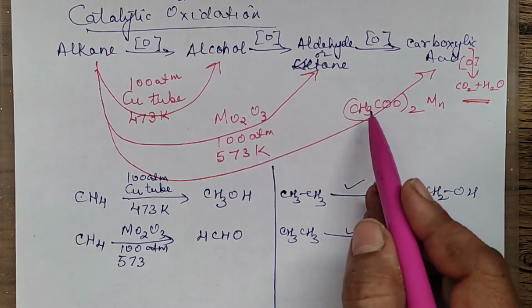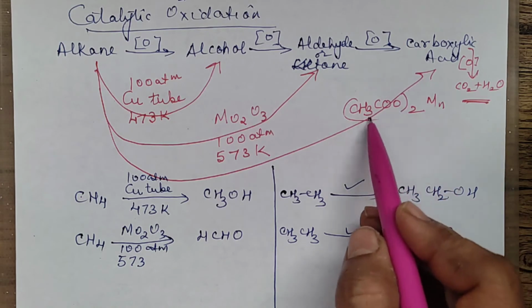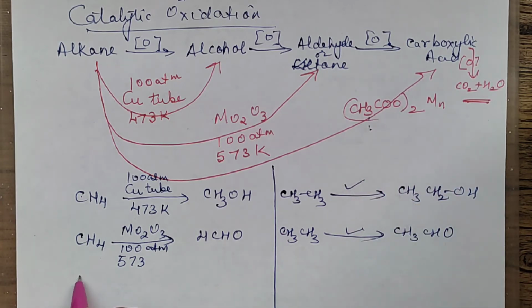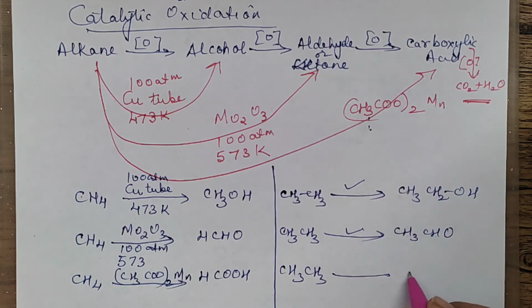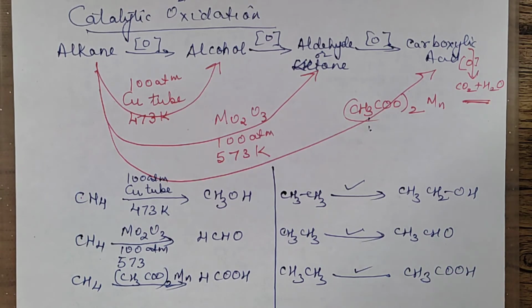Suppose you want to prepare this, you are using this catalyst. Suppose you are using methane and you're using manganese acetate, you'll be getting acid with 1 carbon. If you're using ethane and you're using manganese acetate, the same catalyst, you will be getting 2 carbon acid, that is ethanoic acid.